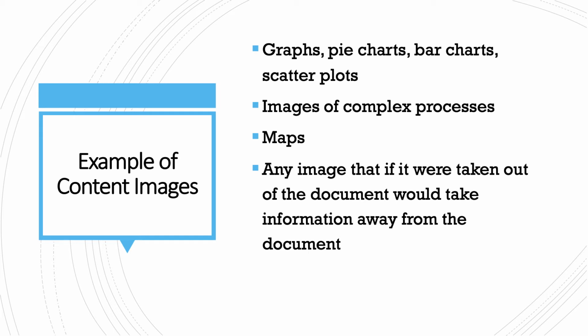We're making our images work a great deal. These are graph information, pie charts, scatter plots, images of complex processes, maps, diagrams. Any image that if I were to take it out of my document, I would lose meaning. There would be something missing in my document without that image.